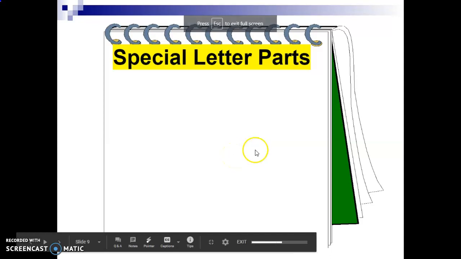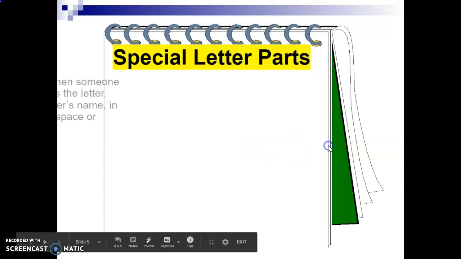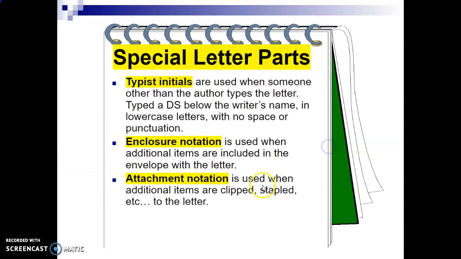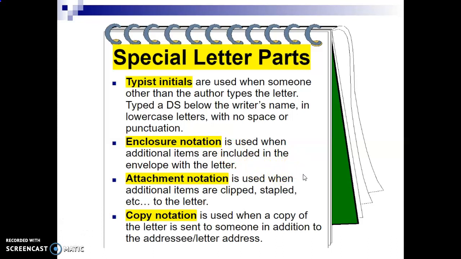The enclosure notation. Okay. The enclosure notation is used when additional items are included in the envelope with the letter. Alright, so if a map or a receipt or something were included with a business letter in the envelope, then there would be an enclosure notation on the bottom of the letter to let you know that there are additional items for you to look at.